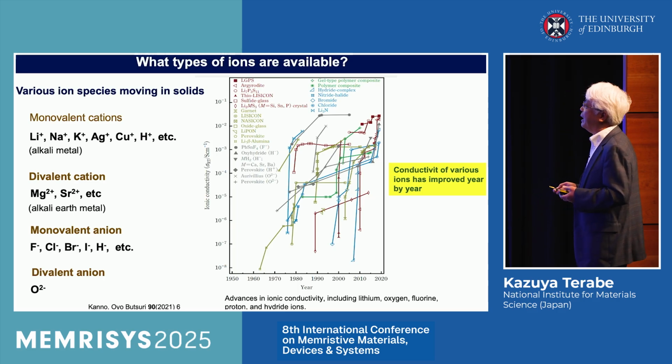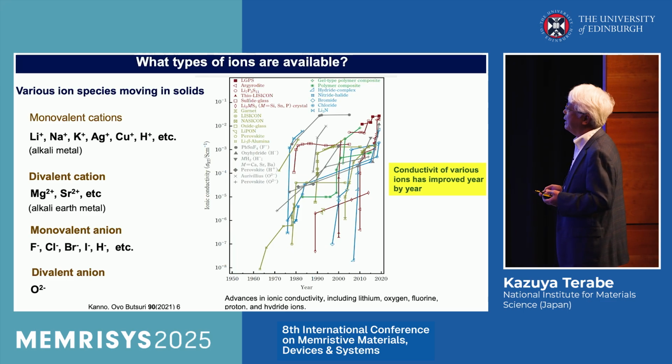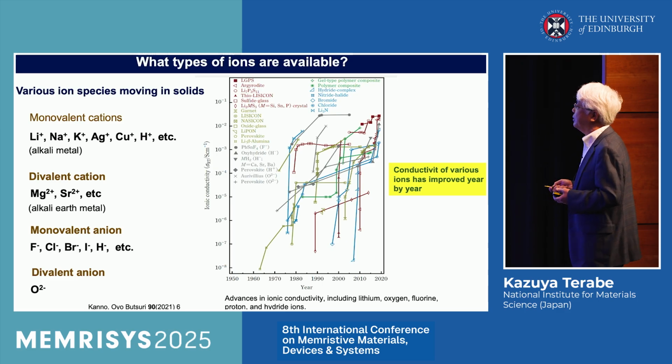The divalent cations are magnesium and strontium, which are alkaline earth metals. And the monovalent anions are fluoride, chloride, bromide, iodide, and hydroxide. And the divalent anion is the oxygen ion.